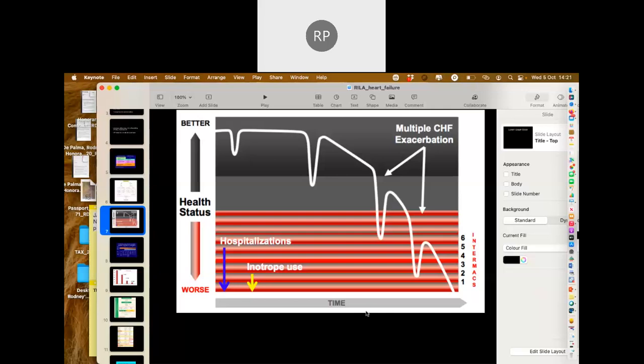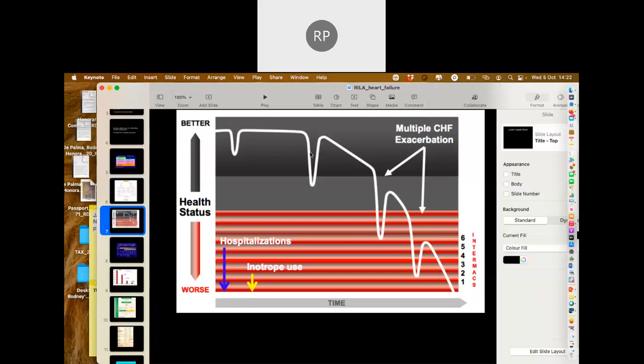And what this shows is the course is punctuated by exacerbations, which often result in hospital admissions. And with each exacerbation, just by dint of having an exacerbation, the episode is a little bit like a myocardial infarction.